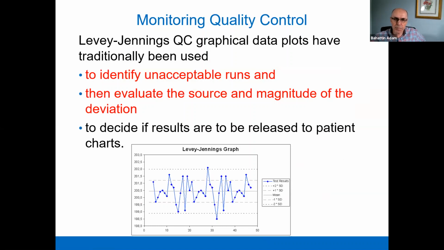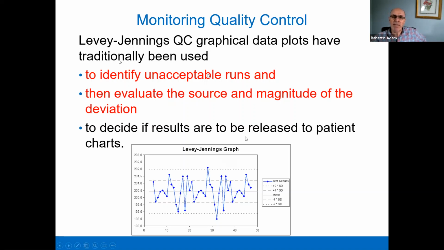Okay, now this is a Levey-Jennings graph. Okay, as I said, most of the instruments do this calculation automatically. However, being a member of the proficiency testing, you have to use such a Levey-Jennings graph for each single method, procedure, test.